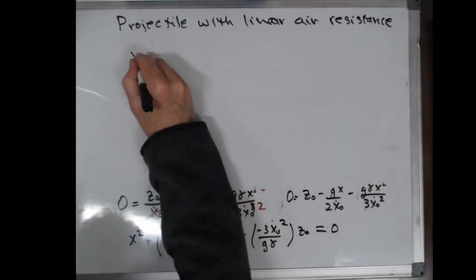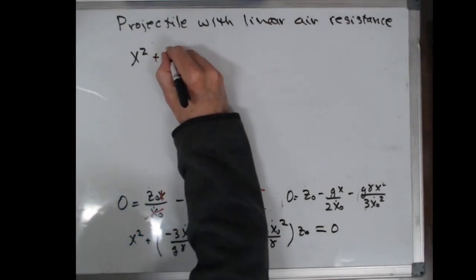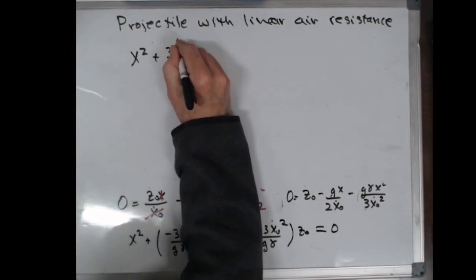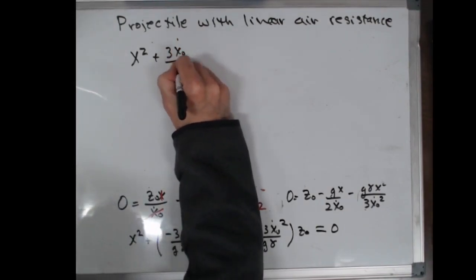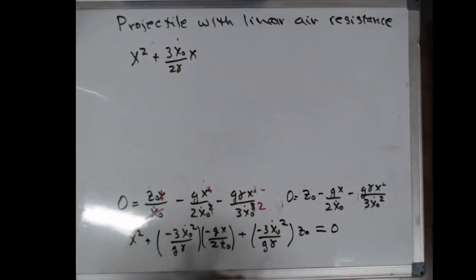if I fill that out, I get an x squared, and so this simplifies to plus 3x naught dot over 2 gamma x. So you can sort of see one of these x's cancels with one of those. The g cancels with the g.